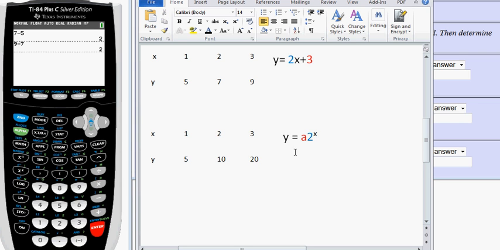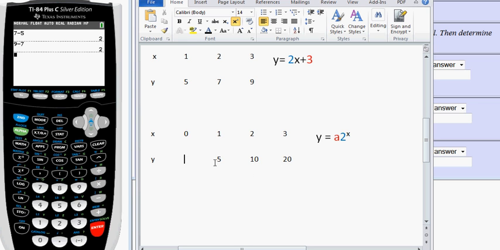Just like in the last example, we're going to have to work backwards to find the a value. a is what you get out when you plug in 0. So I need to extend the list here and figure out what happens when you plug in 0. Well, if going to the right in the chart is multiplying by 2, then going to the left, if x decreases by 1, the y values must be divided by 2. 20 divided by 2 is 10. 10 divided by 2 is 5.